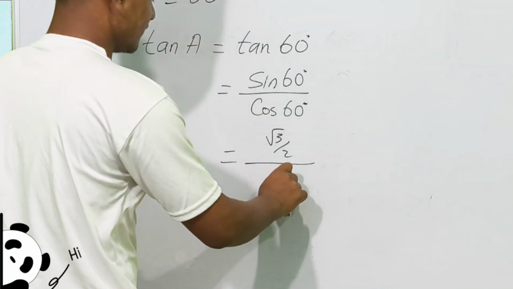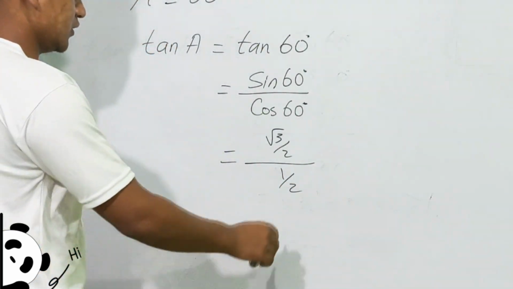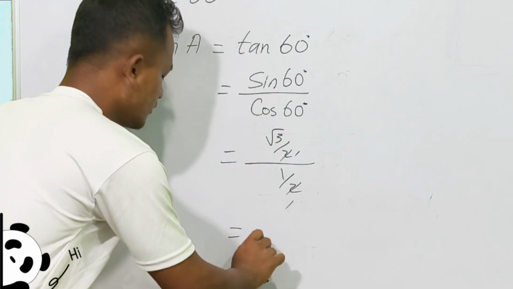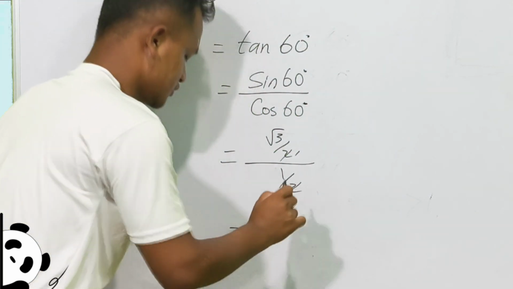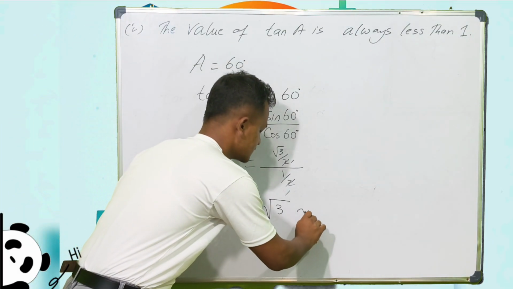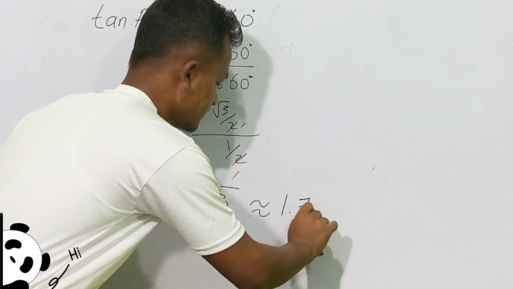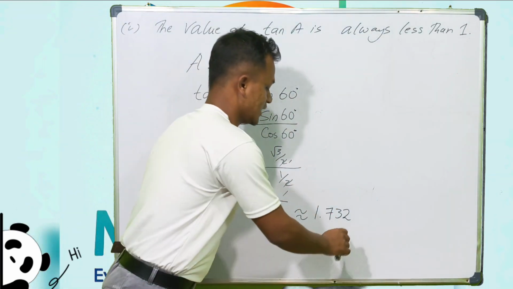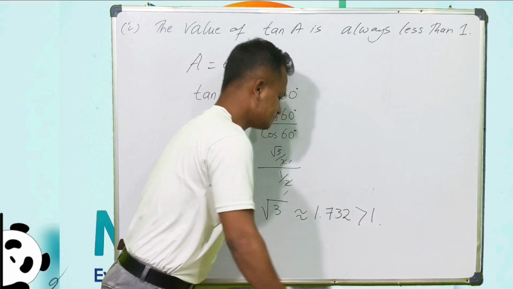Cos 60 degree will give you 1 by 2. 2 into 1 can be cancelled out, and you will only remain with root 3. The approximate value of this root 3 is equal to 1.732, which is clearly greater than 1.